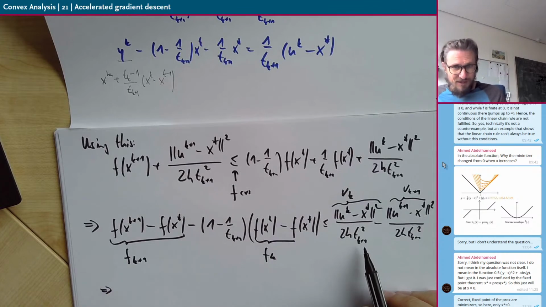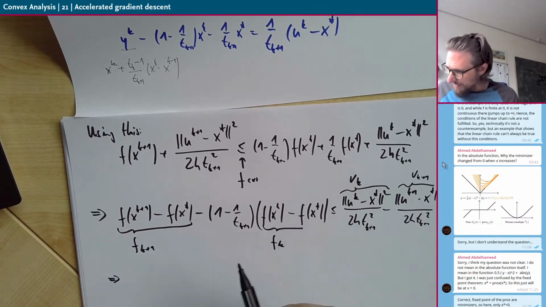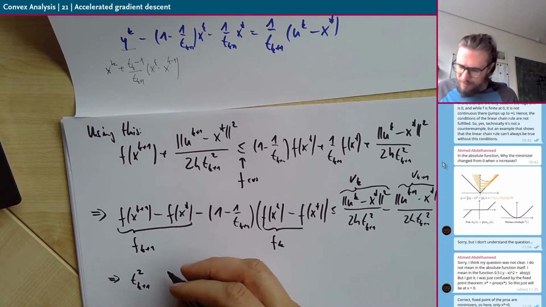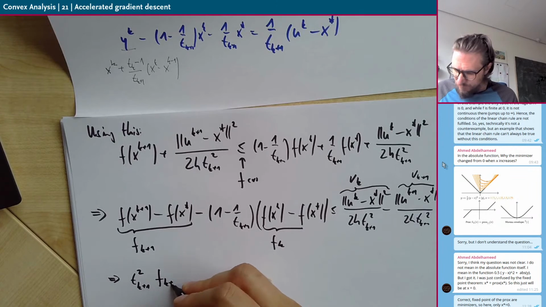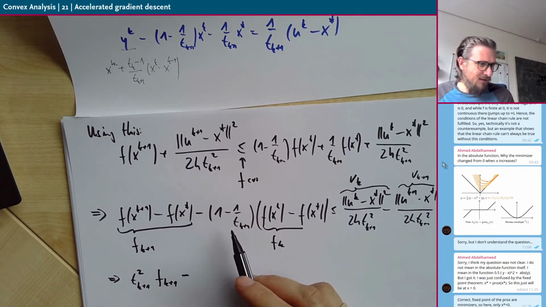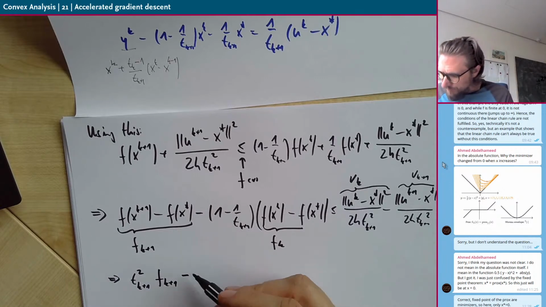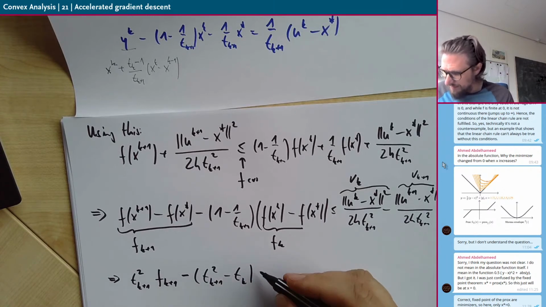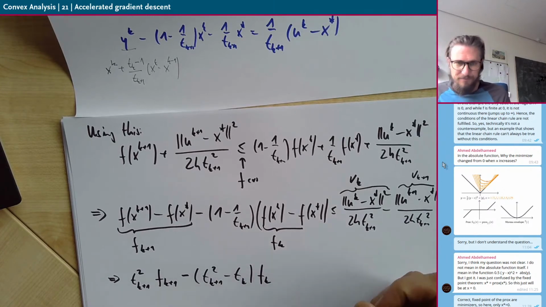And using these abbreviations, what do we get? If you multiply by t_{k+1}², we get here t_{k+1}² times f_{k+1} minus, and here we have to be a little bit careful, what do we get here? We get, of course, (t_{k+1}² − t_k) times f_k.